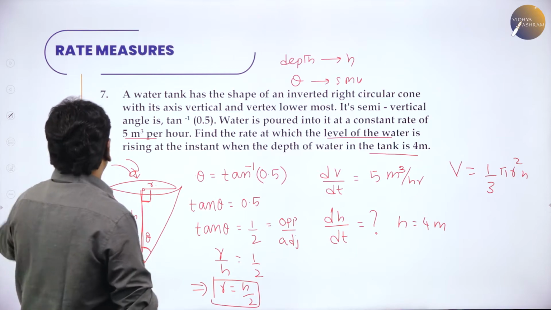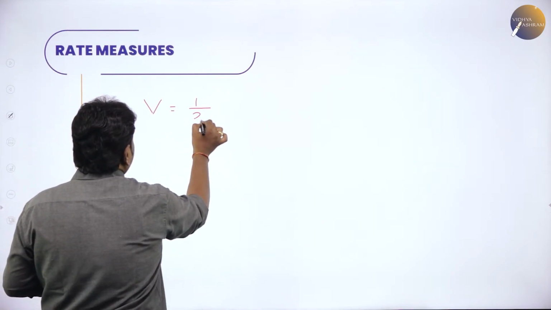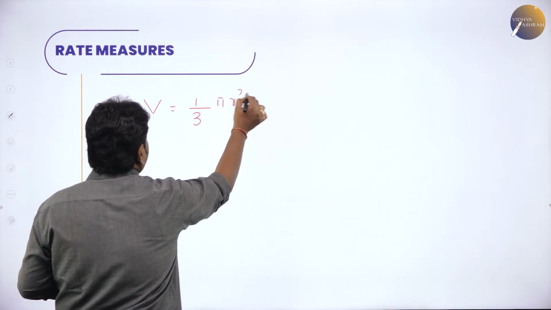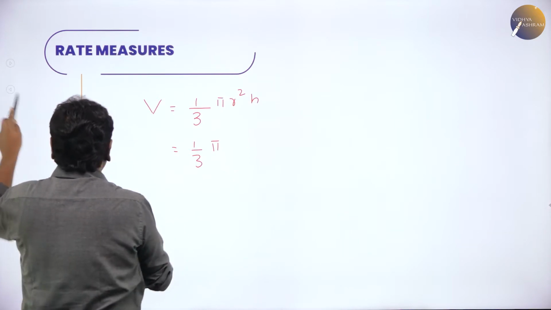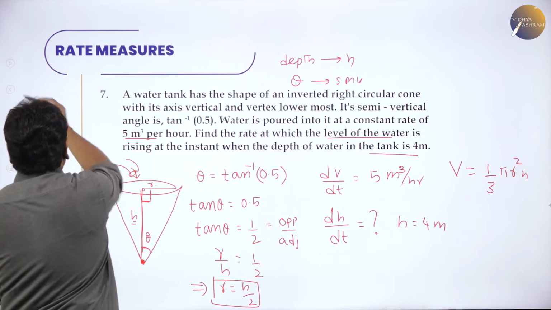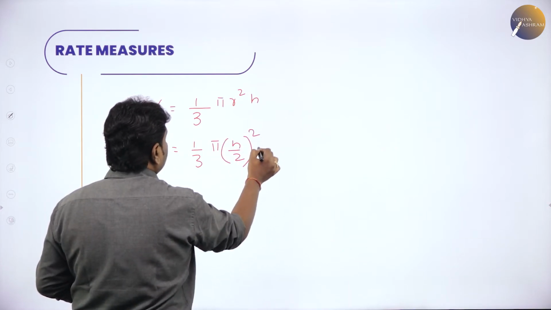So now we go to solving the problem. Now I have volume of the cone. Volume of the cone, all of you know, 1/3 pi r square h. But I know in place of r I can put h. If you refer, we got r is half of h. So in place of r I'll put h/2. h/2 whole square into h.